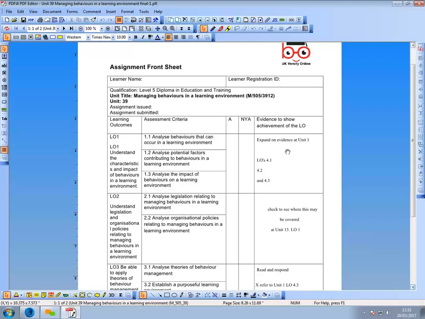To organise a portfolio, it's easy, just do unit 1, unit 2, unit 3, unit 4. Exactly the same if it's electronic. Put all your evidence together for unit 1, your learning objective 1, learning objective 2, 3, 4, however many. And then unit 2 will be next.